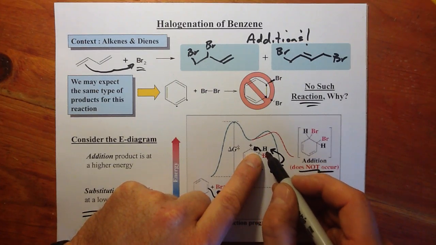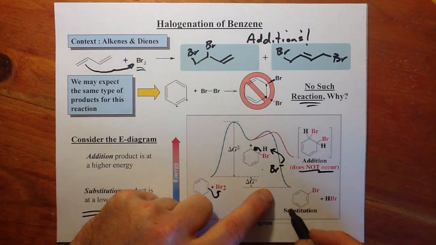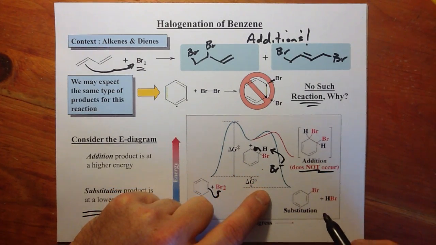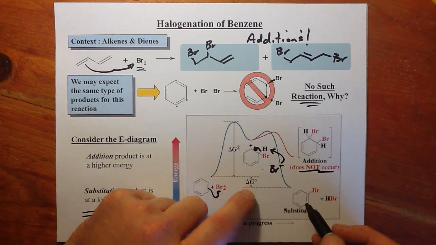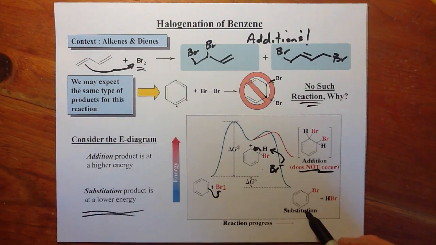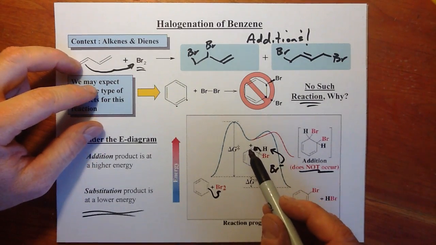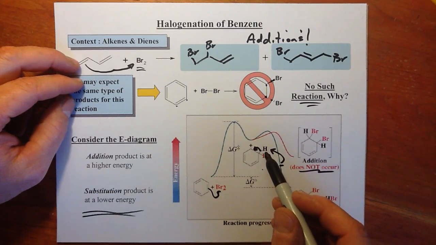It attacks the acidic proton, not the electrophilic carbon, to reestablish aromaticity. Now I've drawn the pi bond in a different place. It doesn't matter. Three pi bonds in this six carbon ring is the benzene ring. So we reestablish aromaticity by having bromide, instead of coming in and acting as a nucleophile, come in and act as a base.